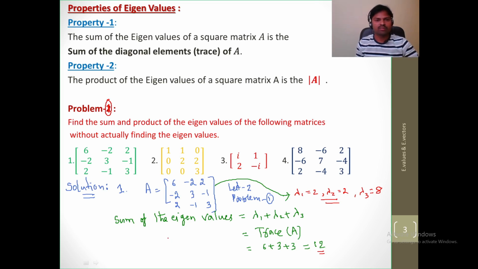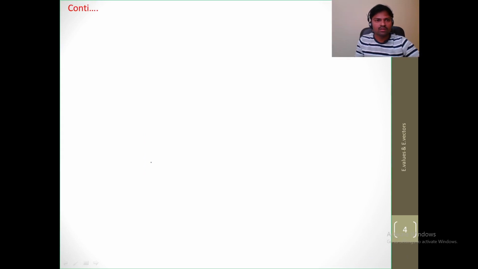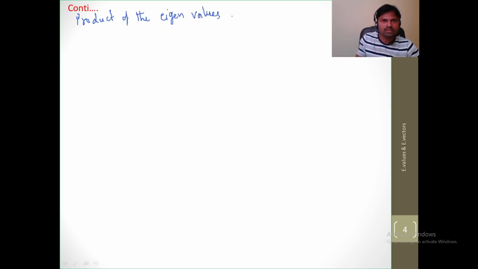For the product of the eigenvalues we want the determinant of the matrix, right? So, the product of the eigenvalues is nothing but simply lambda 1 into lambda 2 into lambda 3, since only 3 eigenvalues exist because it is a 3 by 3 matrix.